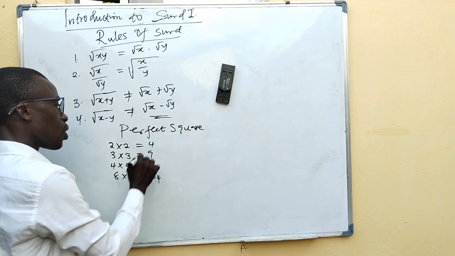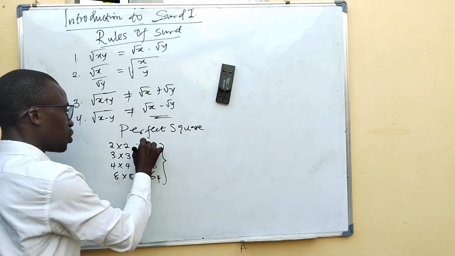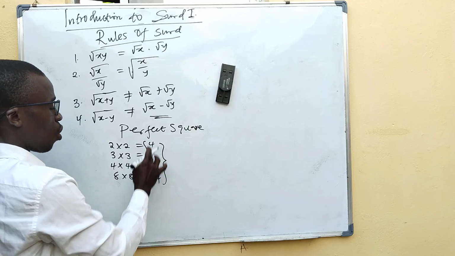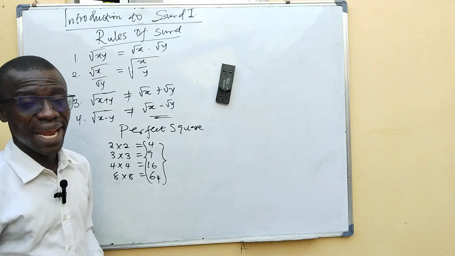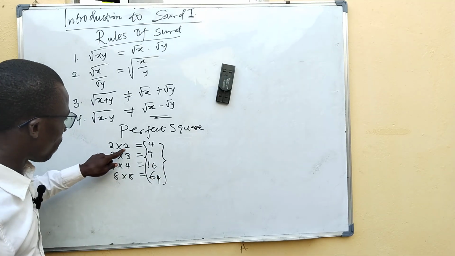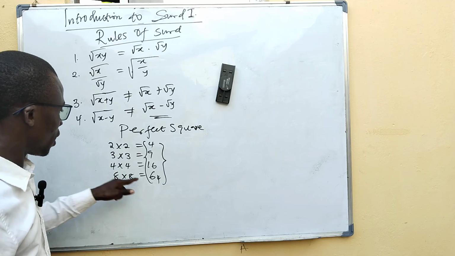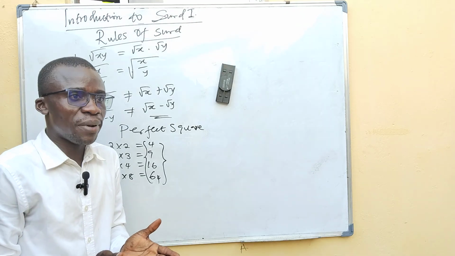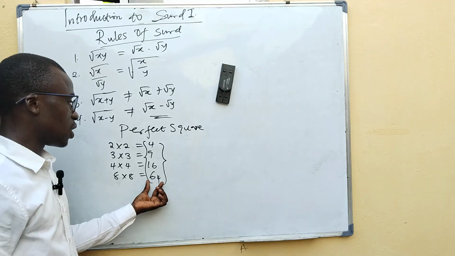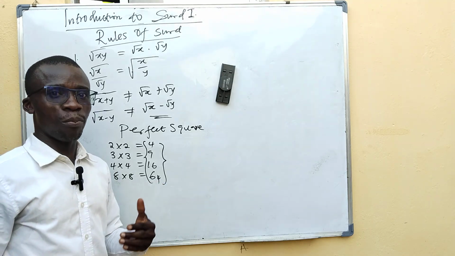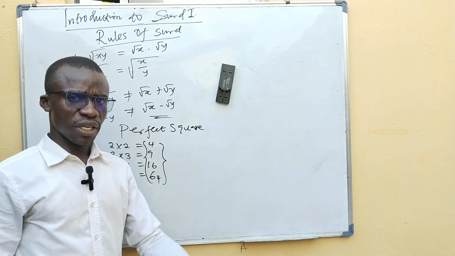Let me stop here. All these values are called perfect squares. Why? Because two same numbers, 2, 2, 3, 3, 4, 4, 8, 8, multiply themselves to give us these. That is why you can call them perfect squares.